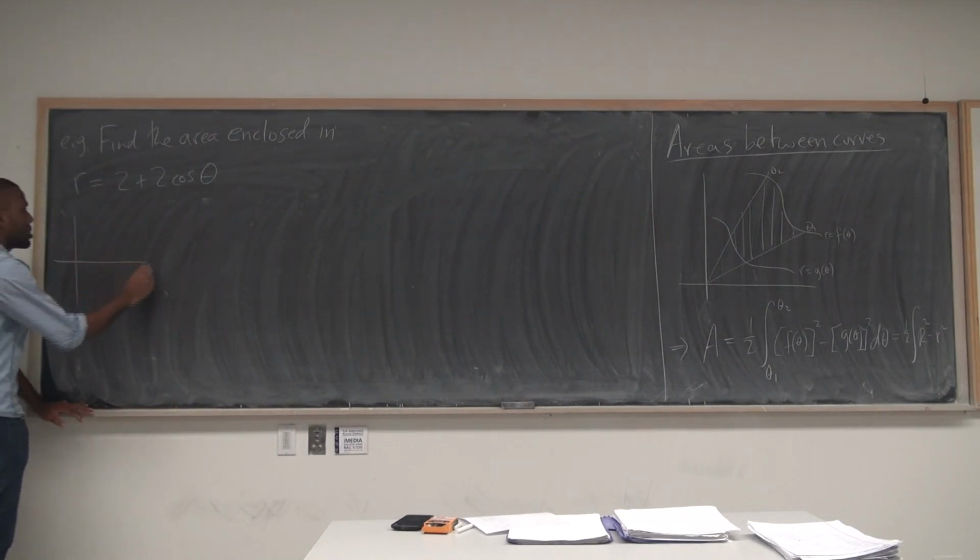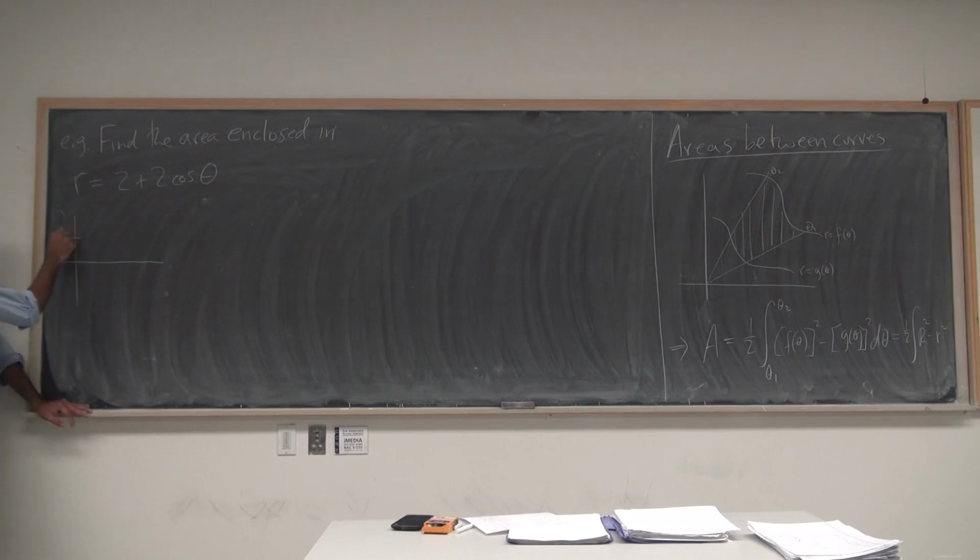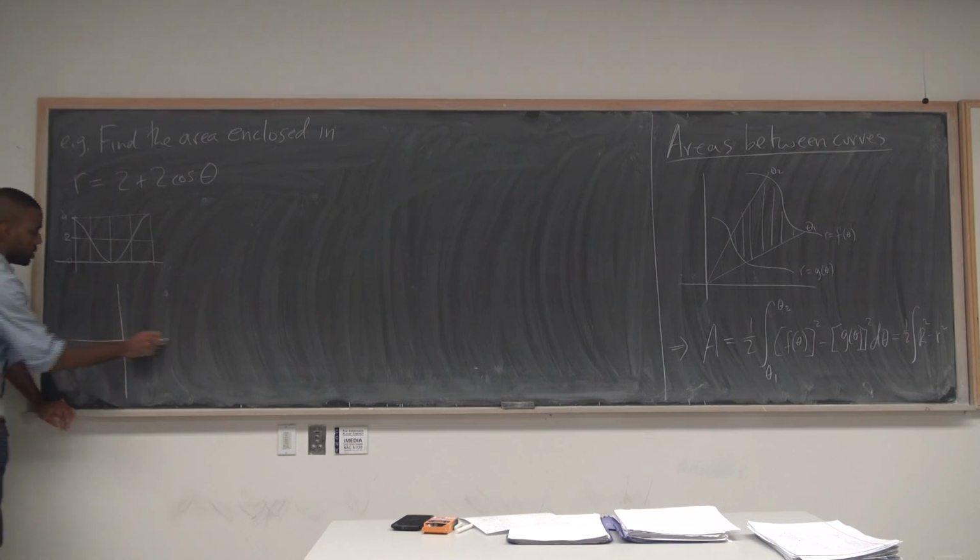Tell me what this might look like? It's going to go up to 2, then go up to 4, and then down to 0. So I'll split that into 4 pieces. It's a cosine, which means it's going to look like this. Which means ultimately my graph would look something like this.